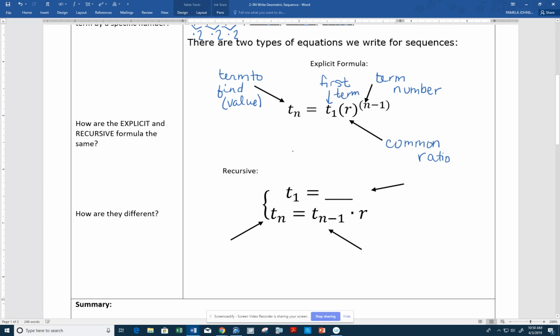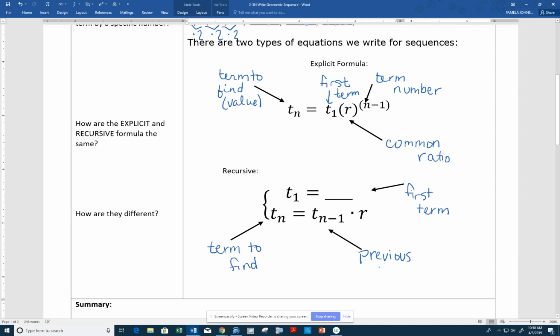When we look at the recursive formula, the T sub 1 is still our first term. The T sub n is still our term to find. And our T sub n minus 1 is our previous term.